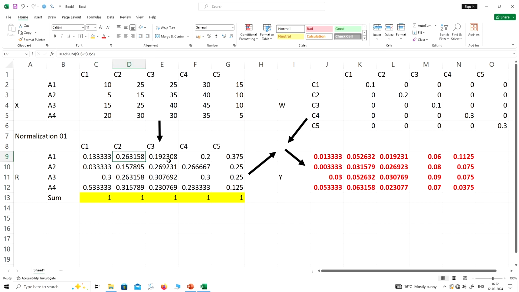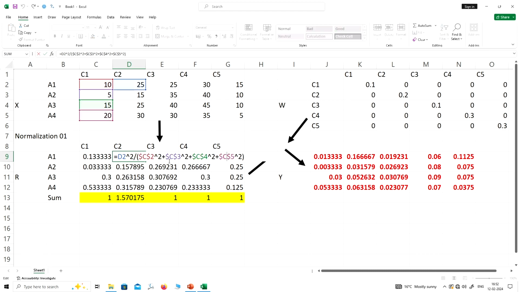If I do it for the sum of the squares for this one, also keep checking, because the video is there as you are watching, keep checking the values as they are changing on the red cell, which is Y, which I am multiplying. The weights I have not changed yet, let them be as they are. If I check the values now, it will be D, because I am considering the D column. D column is C2. C2 means criteria.